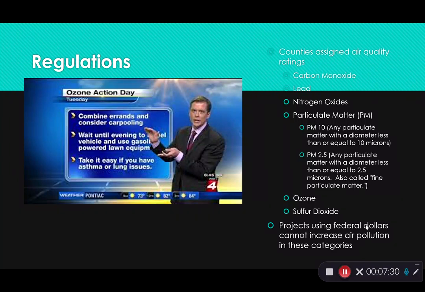And so you'll see when transportation projects are doing the environmental impact assessment or the environmental impact study, they will look at how the transportation improvements will actually reduce air quality issues by reducing congestion, decreasing the distance cars have to travel, whatever it is. They will look to justify reductions in air pollution as a way to justify the investment in that project.